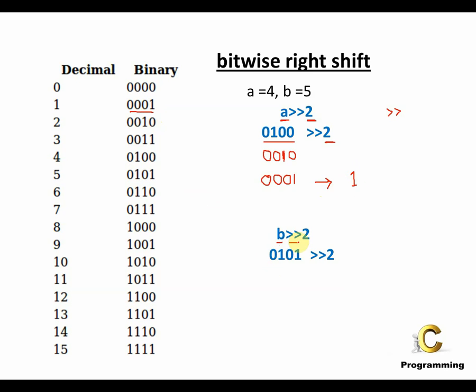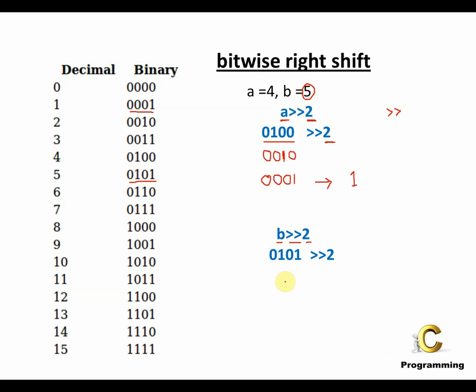This is how you write the right shift operator. And how many positions do we have to shift? We have to shift by 2 positions. First of all, we'll write what b is in binary. It is 0 1 0 1 because b is actually 5. So 5 in binary is 0 1 0 1.